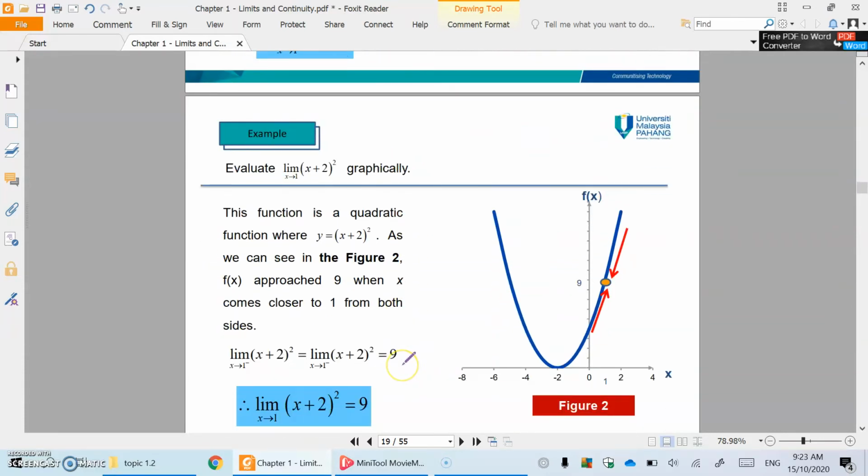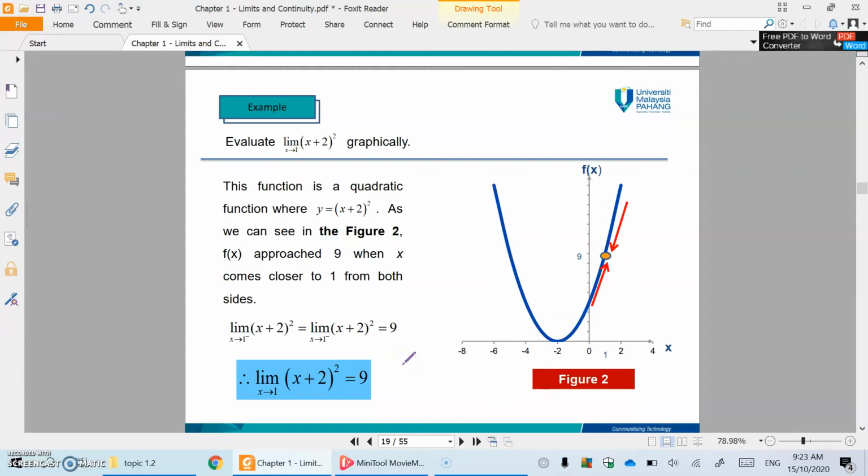Alright, next example, we have a quadratic function. Evaluate the limit of (x + 2) to the power of 2 as x approaches 1 graphically. We must sketch the quadratic function, where y equals (x + 2) squared. As x approaches 1, we locate the coordinate of 1.